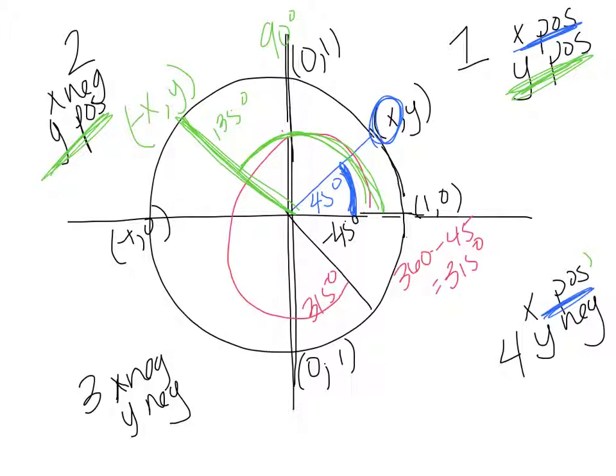If 45 degrees, the angle I have in blue there, is in the first quadrant and it has a positive x and a positive y, and then I reflect it over into the second quadrant, and that's my 135 degree angle. The y is still positive because it's still above the x-axis, but the x is negative. It's been reflected over.